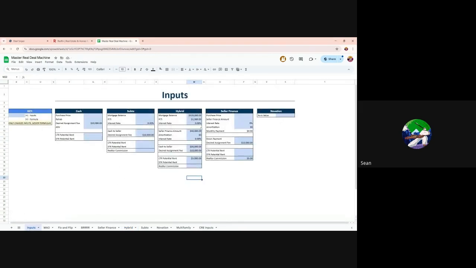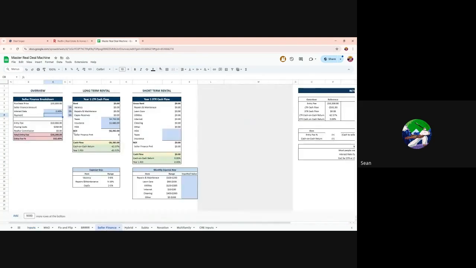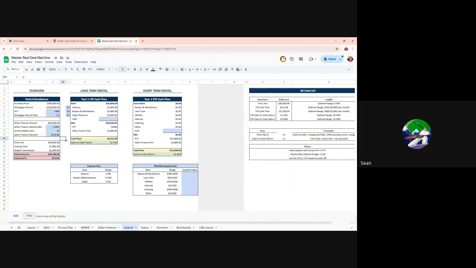No, that's too much. 150. So tell them it's going to be a $380,000 purchase price, $20,000 down, $150 a month on a 2-year balloon. In 2 years, we'll have the buyer pay off the remaining balance of that $40,000.